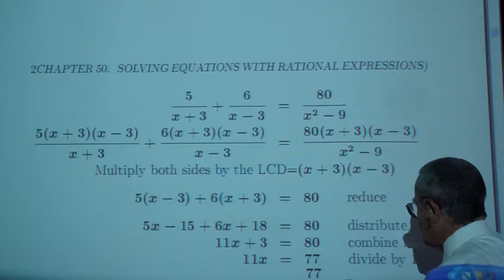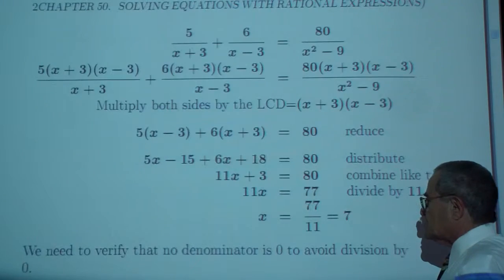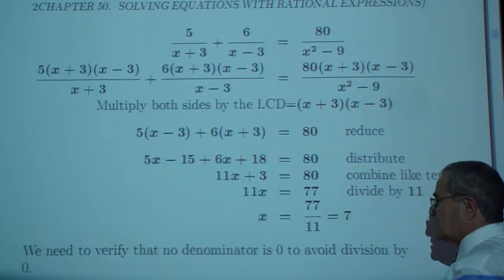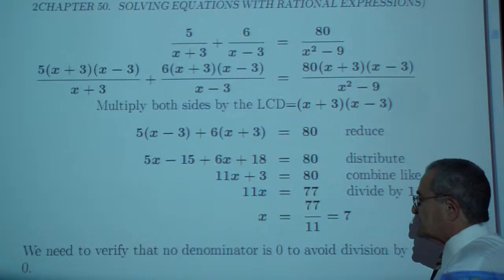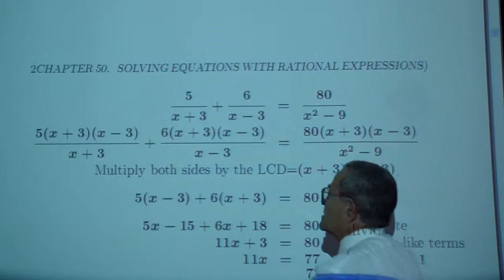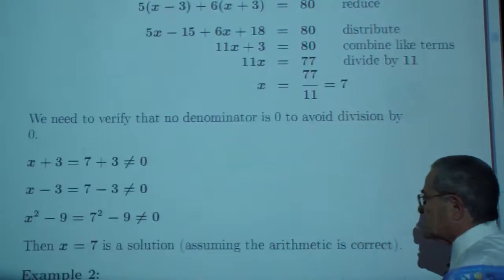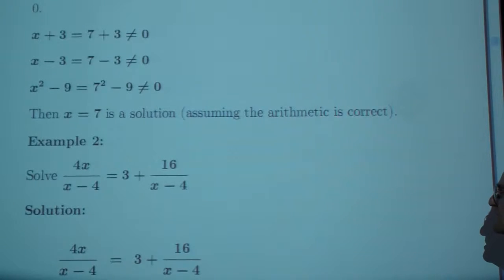After you distribute, you are left with x, which is equal to 7. We need to verify that this does not make the denominator 0. Otherwise, this is not a solution. If x is 7, this is okay, this is okay, this is okay.